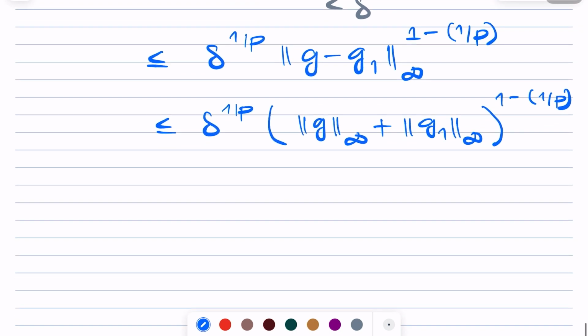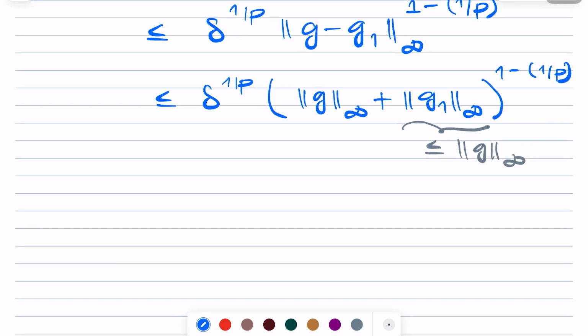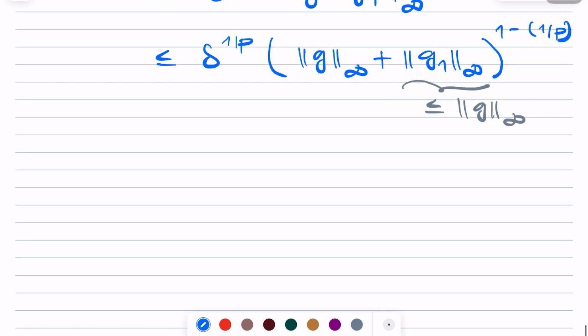But we saw that we can always assume that the norm of g1 is less than or equal to the norm of g infinity. So at the end what we get is that this is less than or equal to delta to the power 1 over p times 2 times the norm of g to the power 1 minus 1 over p.